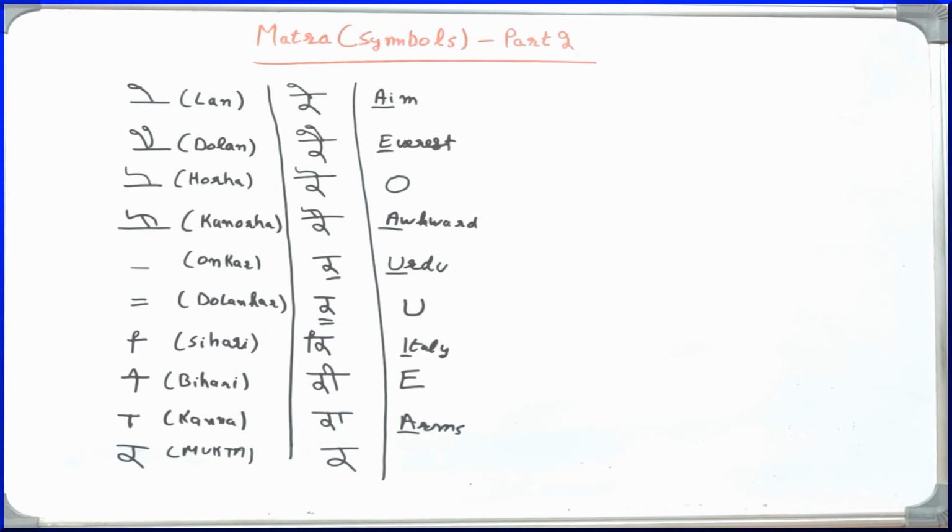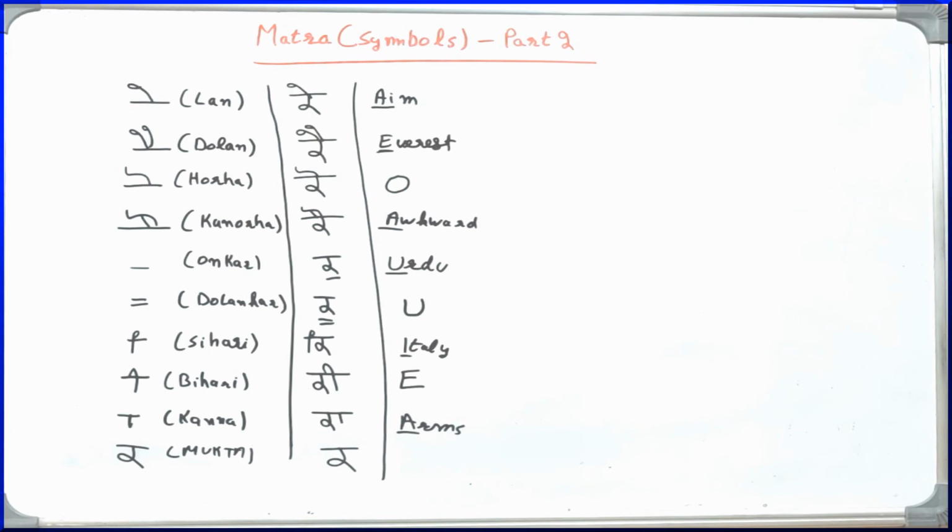A. And that will be the sound of Kanna. When you are going to attach Kanna with Kakka, it will be Ka plus A. It will become Ka. So these are all the sounds that we have. 9 different sounds represented by 9 different matras.